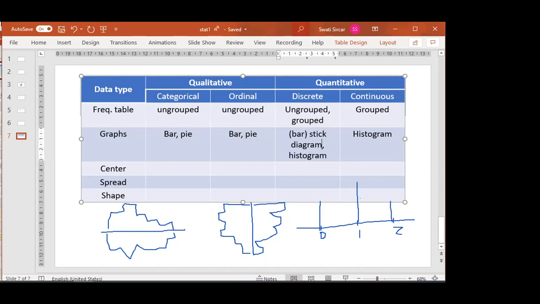Anybody remembers what that is? Okay, that's fine if you don't remember that. It's called ogive. It's the graph of cumulative frequencies. There are 2 ogives.